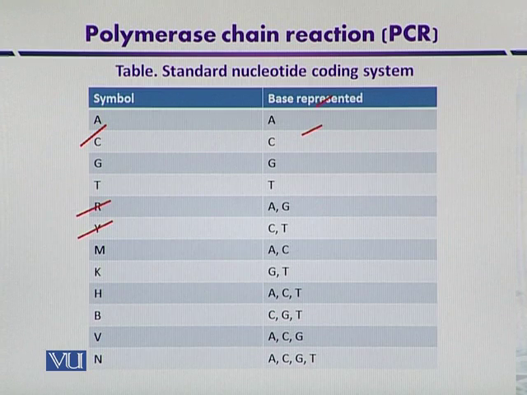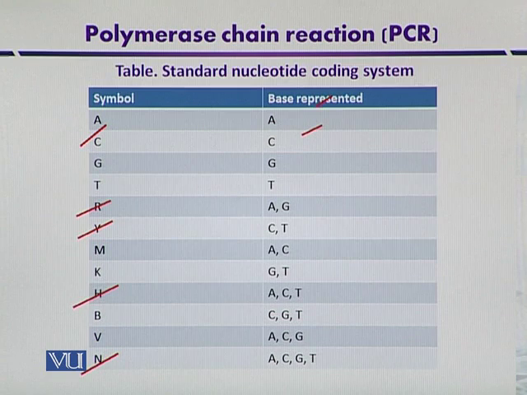In addition to that, the same position may be represented by 3 nucleotide bases. Like if the letter H is there in the primer sequence, it will indicate the presence of either adenine, cytosine or thymine at the single position. So we have to synthesize 3 fragments. And sometimes if the letter N is given, it may be represented by 4 different nucleotide bases: at this particular position adenine, cytosine, guanine or thymine.